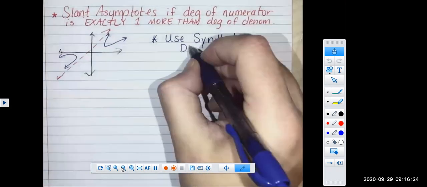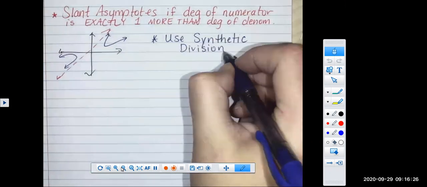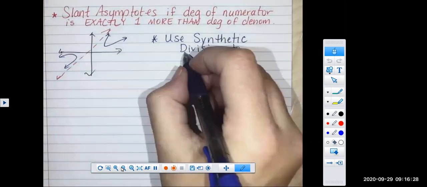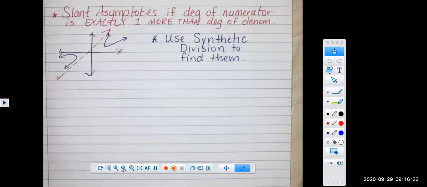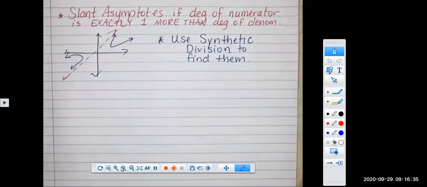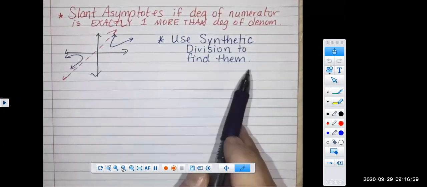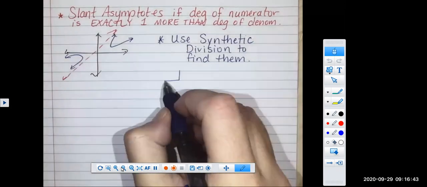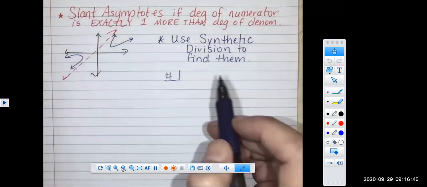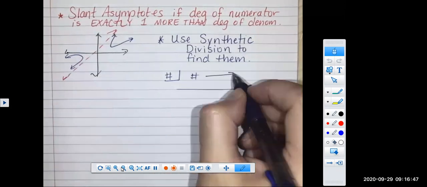Do you guys remember how to synthetically divide? So that's good. It's going to be a good review for you on synthetic division. So use synthetic division to find them. And this is what you're looking for. Of course, you remember when you synthetically divide, you have numbers all across the top.